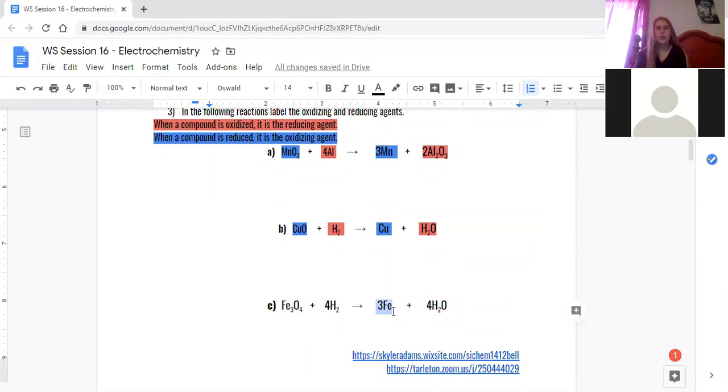Or oxidation state, not charge. I apologize, I'm using the wrong terms. 0, perfect. So if it goes from positive to 0, is it oxidized or reduced? Reduced. Perfect. Yep, so this is reduced, which, like we talked about, makes it the oxidizing agent.